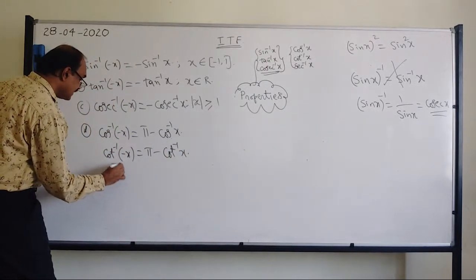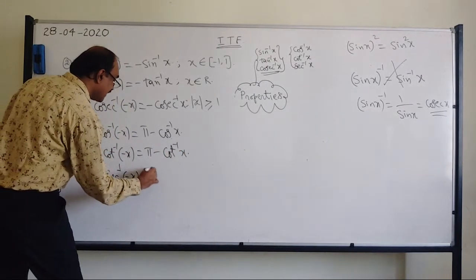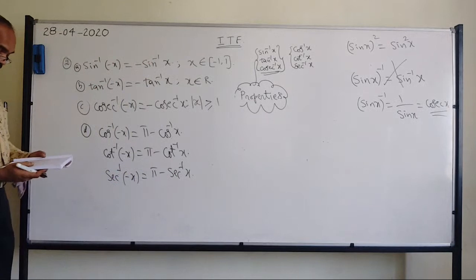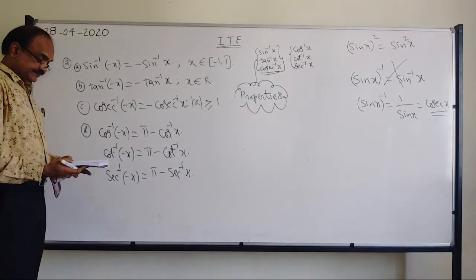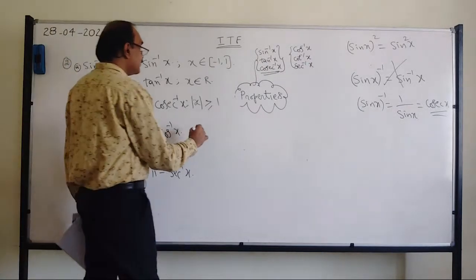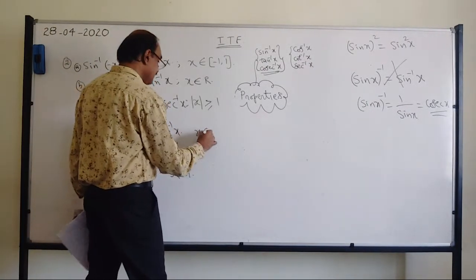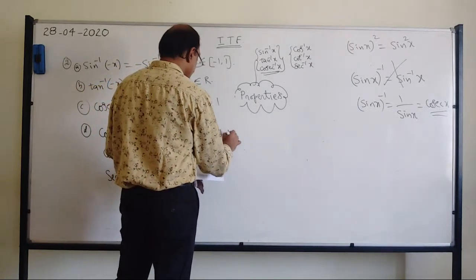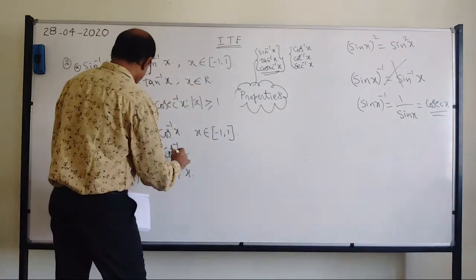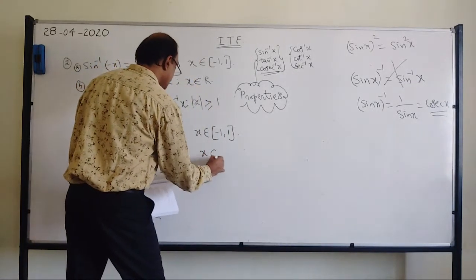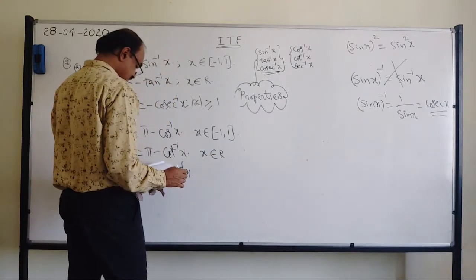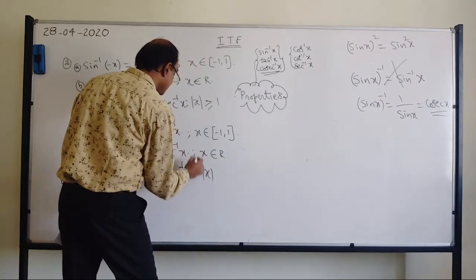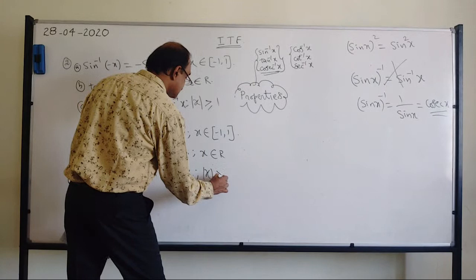Similarly, secant inverse of minus x is pi minus secant inverse x. The domains are the same. For cos it should be minus 1 to plus 1. Similarly, for cot it belongs to all real numbers. For secant, modulus of x should be greater than or equal to 1.